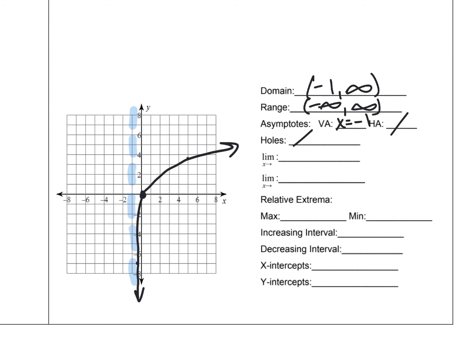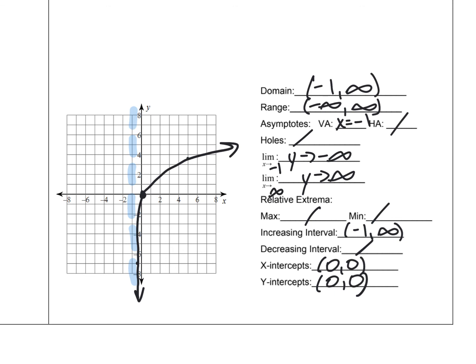None. Okay. Limit. So as x goes to -1, y is going down forever. And as x goes to infinity, y is going up forever. Okay. Max or min? Neither. Increasing or decreasing? So what do I write on there? And x-intercept? Y-intercept. That one was pretty easy. Okay, cool. Any questions on that?